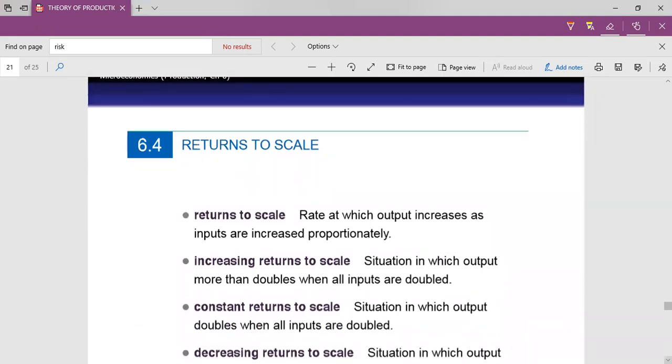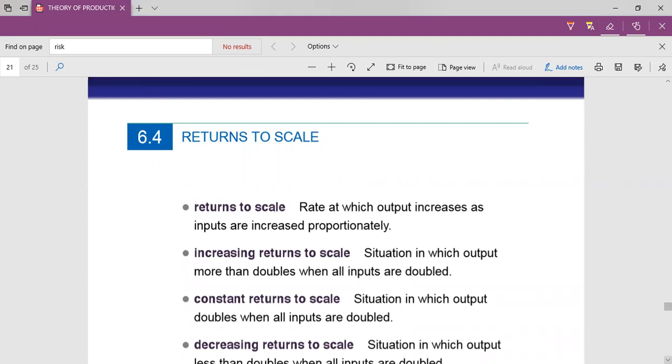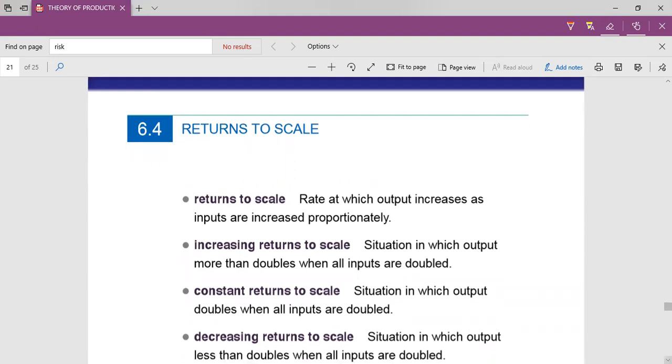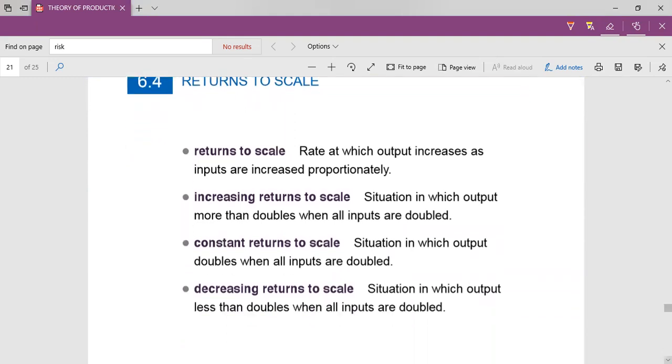Right. So we looked at returns to scale, I believe when we were looking at the theory of costs, and that's why I began by informing you that the theory of production is related to the theory of costs, because it is very difficult to actually incur costs when you are not producing anything.